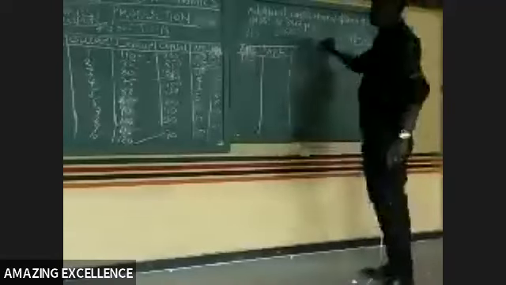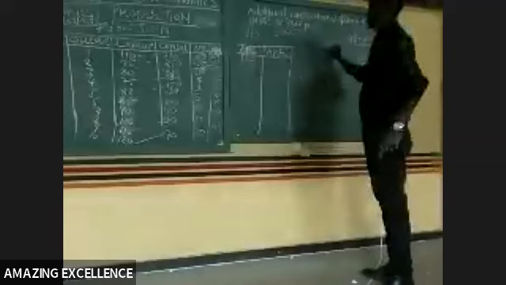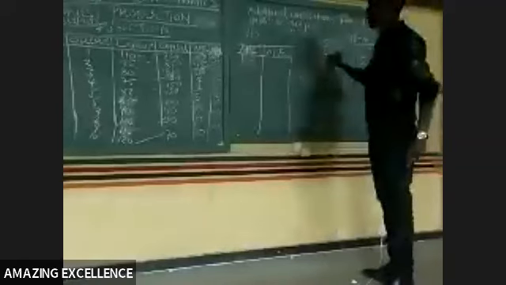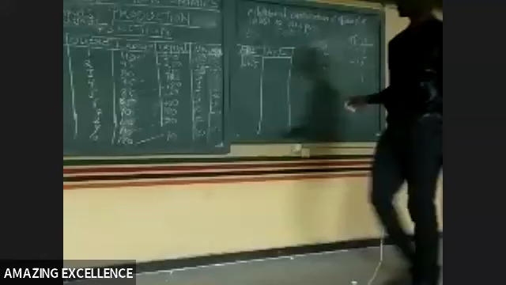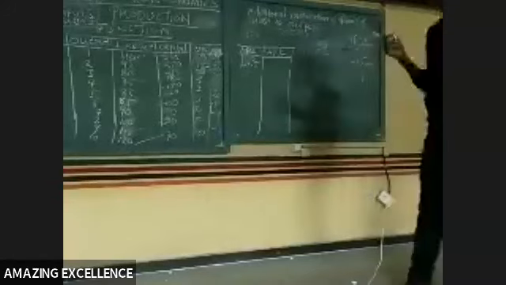Then the next is 95, divided by the output 2. What do you get? 47.5. Then the third one, 80 divided by 3.